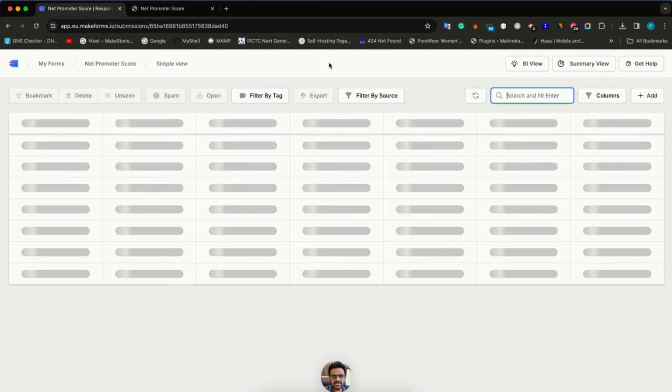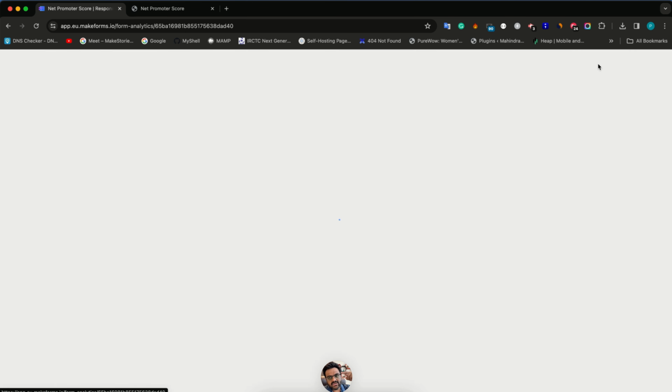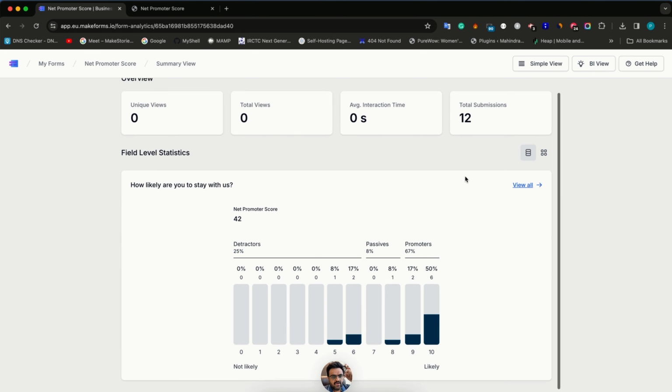Now we'll go into the results tab, and here we can see the net promoter score that we have. Here we have just a listing, but the moment you go into the summary view, it will calculate the entire net promoter score for you. Here it tells you that you have 67% promoters, and 25% of them are detractors. So 67 minus 25 is 42.